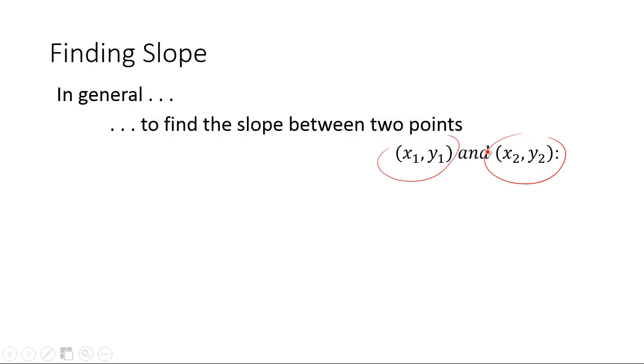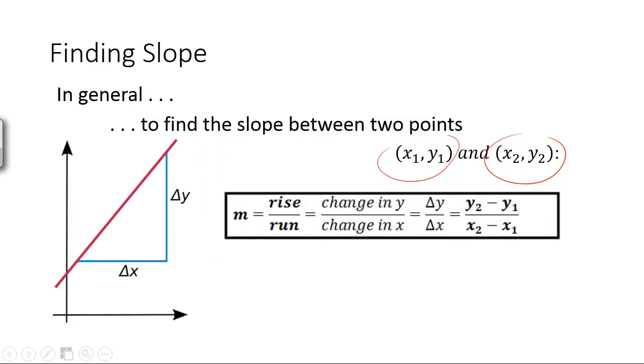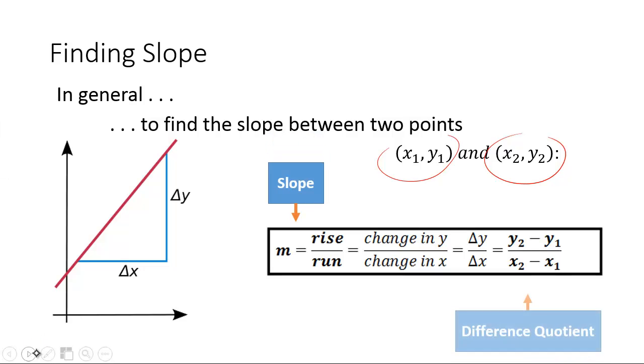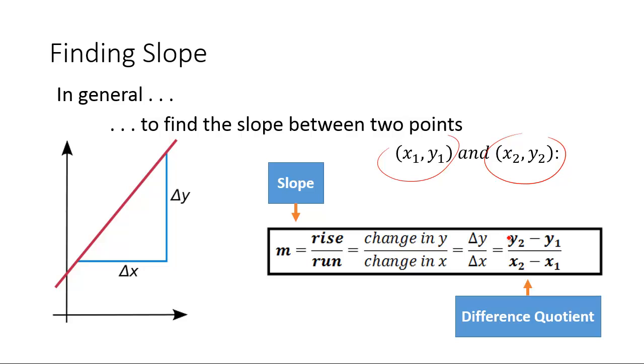So in general, to find the slope between 2 points, if the 2 points are given with these indices, you're looking at the change in the y as the rise and the change in the x as the run. This is for slope. And the difference quotient is what we were just looking at. That's actually taking the y2 minus the y1 as the rise and the x2 minus the x1 as the run.